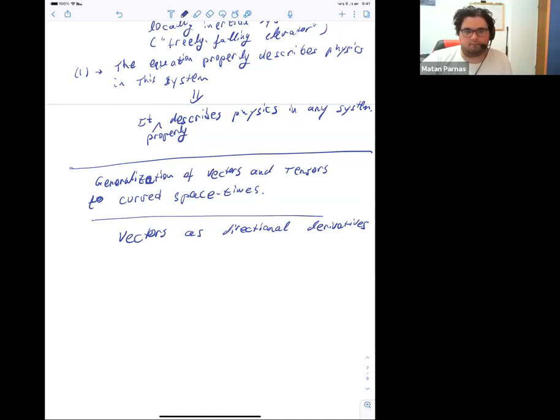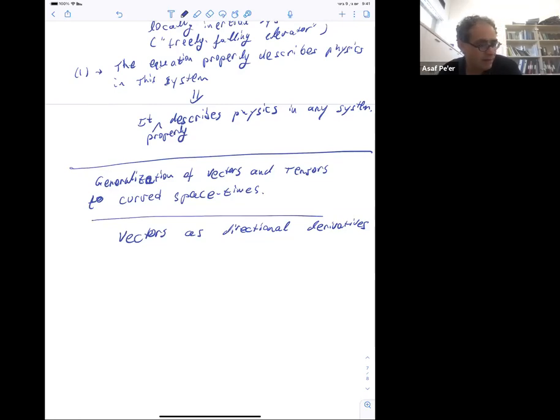They belong to the tangent space at a given point. So that means that the tangent space is all vectors at that single point in space-time.